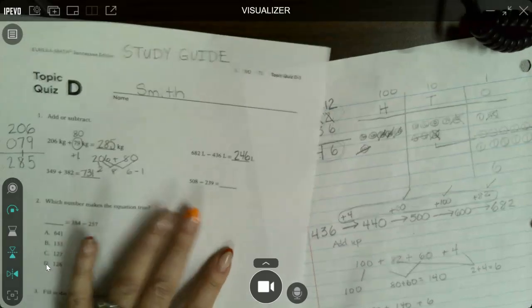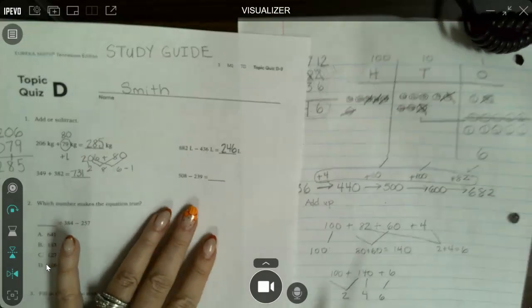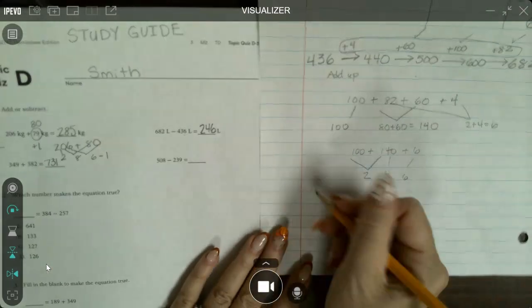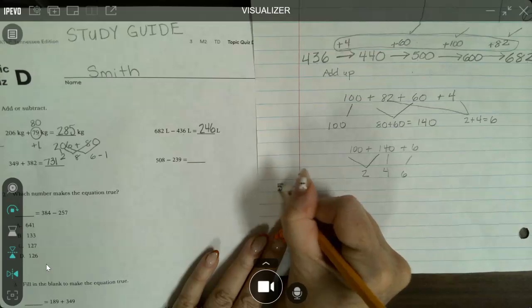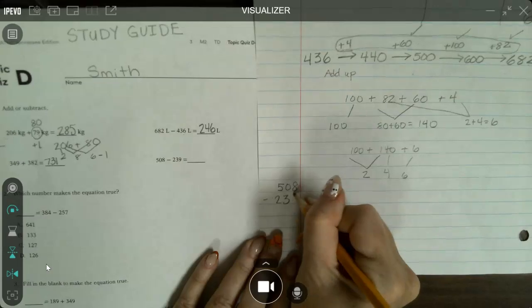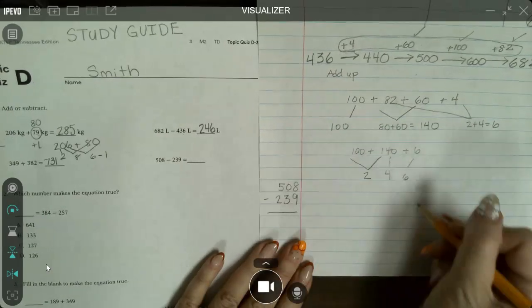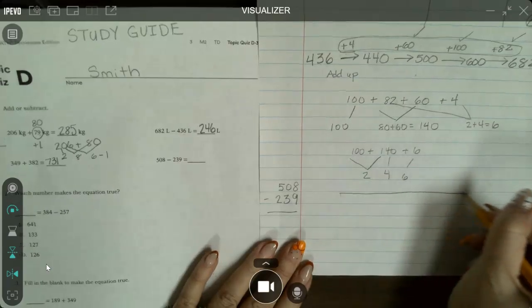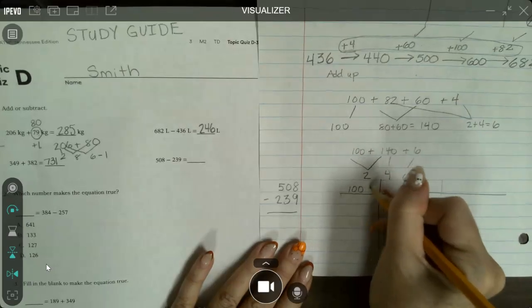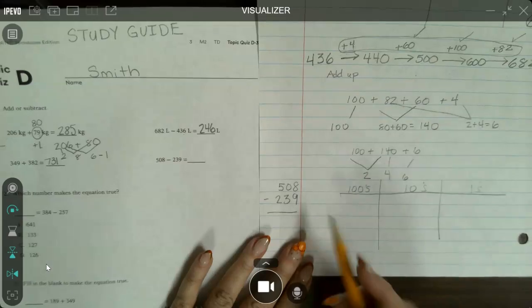Okay? On the last one, we are going to use our place value strategy with standard algorithm just to keep this ball rolling. We have 508. We are taking away 239. We are going to draw the place value. Hundreds, tens, ones.